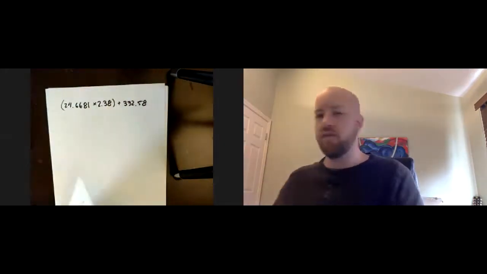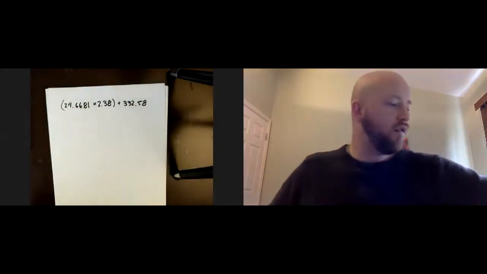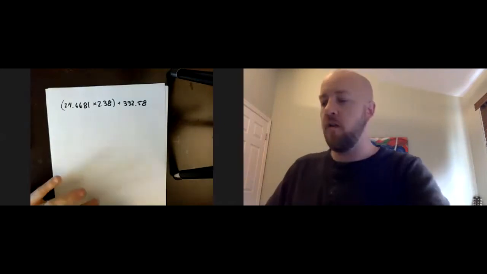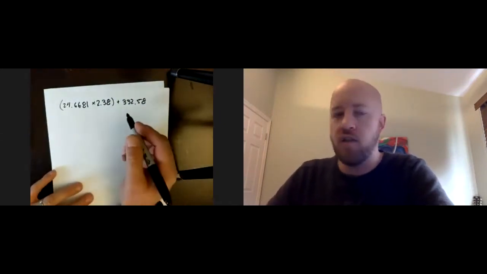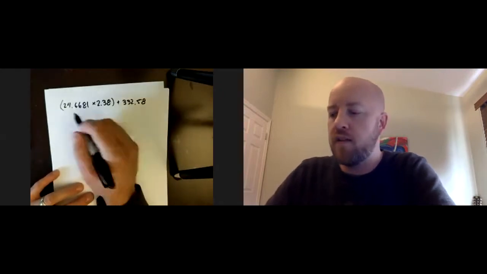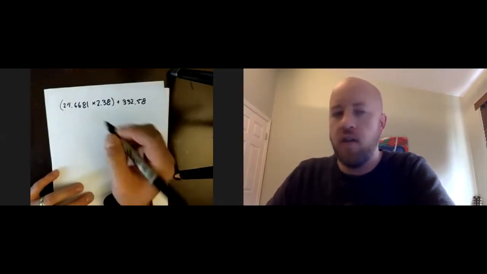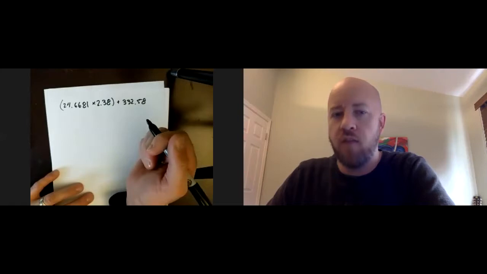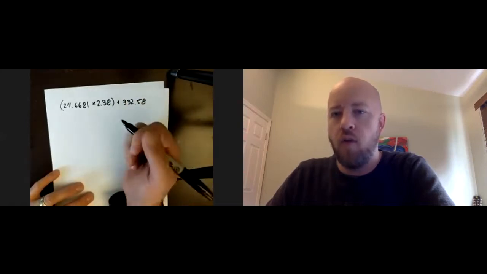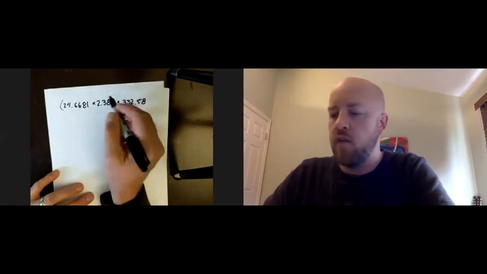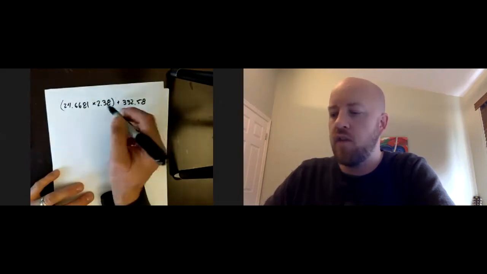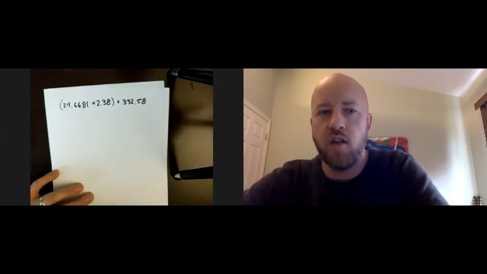Now sometimes we have this in a little bit more complicated scenario where we have both multiplication and division and addition and subtraction. In this mixed operation, we follow our same basic math principles of order of operations. Everything within the parentheses is going to go first. And we're going to apply our significant figures to the first operation as we do it.